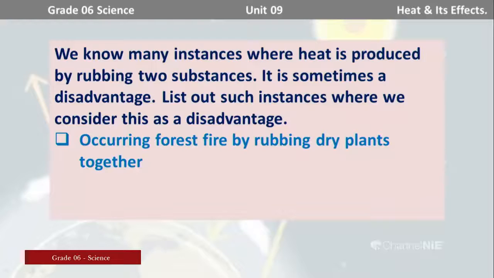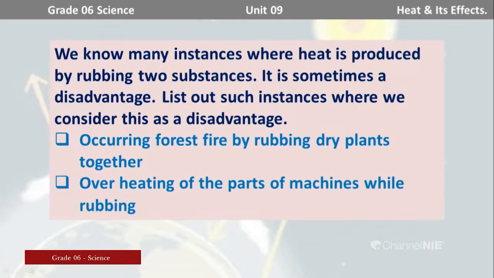Forest fire occurs by rubbing dry plants together. I think you know about forest fires or wildfires. They occur in the forest by rubbing dry plants together. So, that is a disadvantage. Let us see the second one. Overheating of the parts of machines while rubbing.